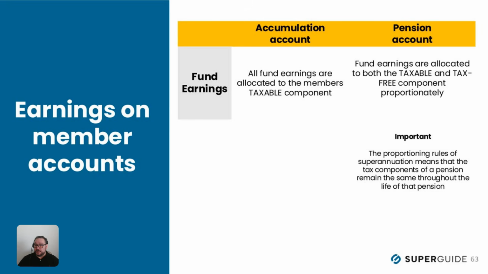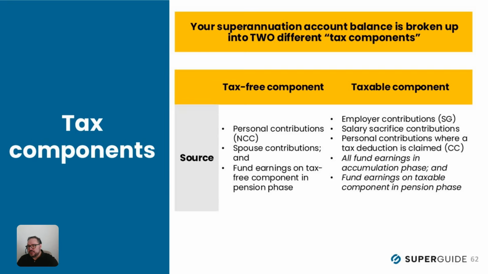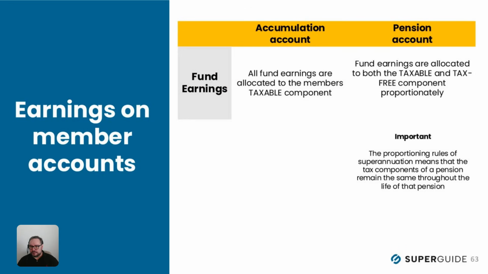So if you're in accumulation phase, earnings always go to the taxable component, not the tax-free. The tax-free component is essentially what's left over after we've determined the taxable component. So it's just the non-concessional contributions, what I went through before.